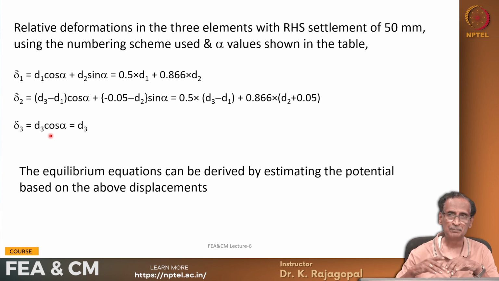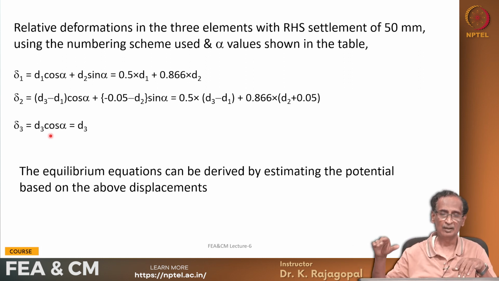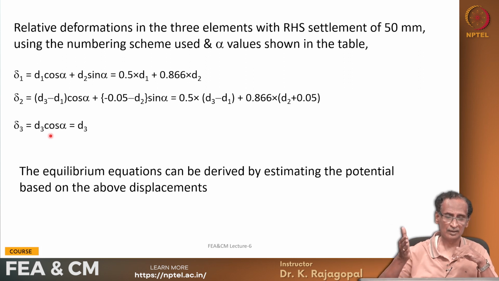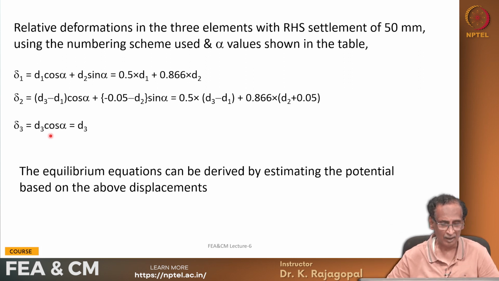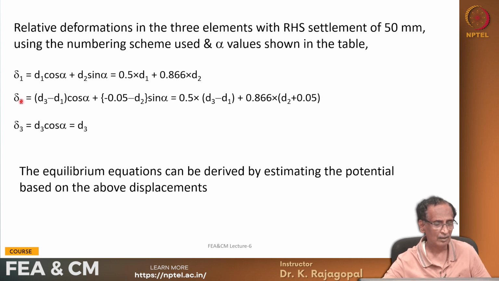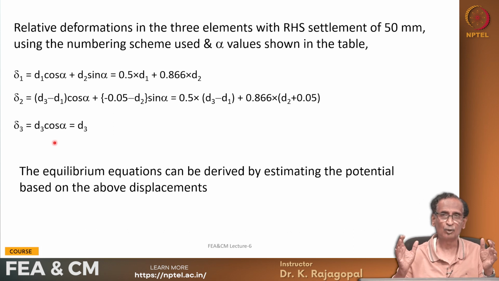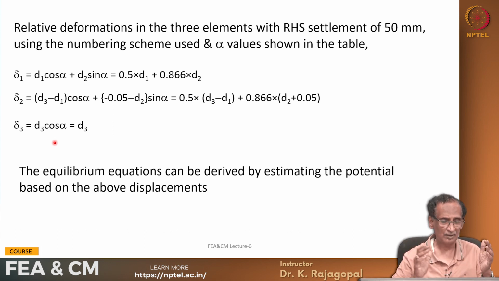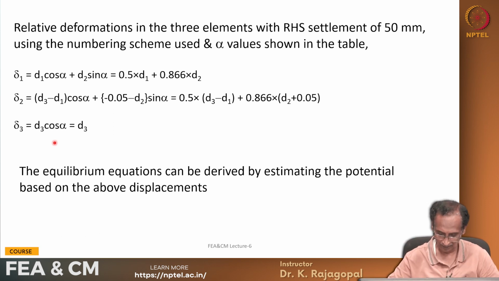And element 3, it is connected, but then it is a horizontal element, whereas the settlement is in the vertical direction. So now once you have this delta 1, delta 2, delta 3, we can form our total potential energy equation, and then take differentiation with respect to delta 1, delta 2 and delta 3, and get our equilibrium equations.